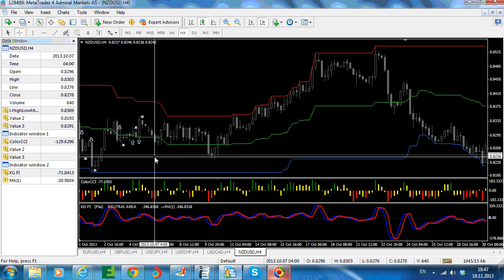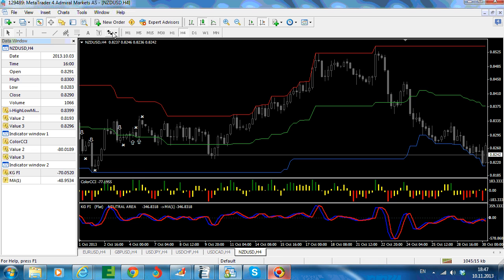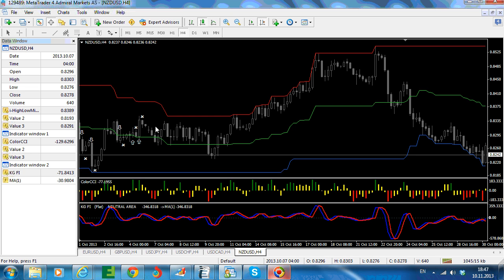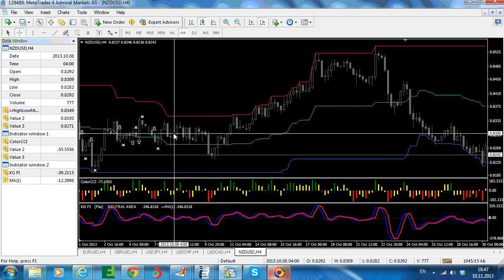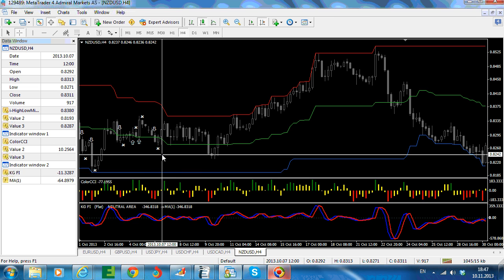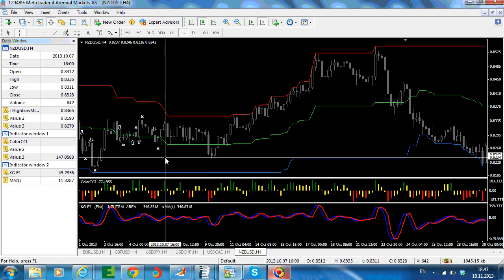Moving forward, not a signal here, but a signal there, and again it expires out of the money. Moving on, this is a bullish signal, not that one but this one. This is a bullish signal, and basically, as you can see, it expires out of the money.